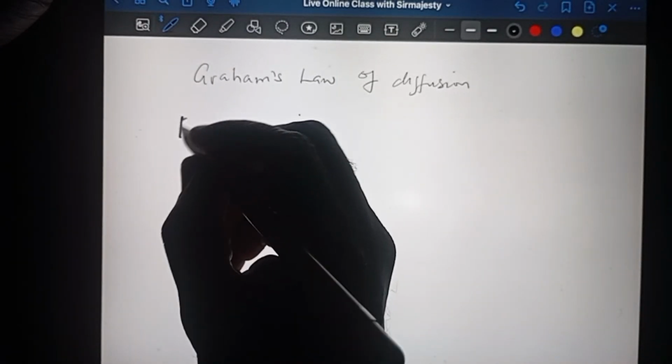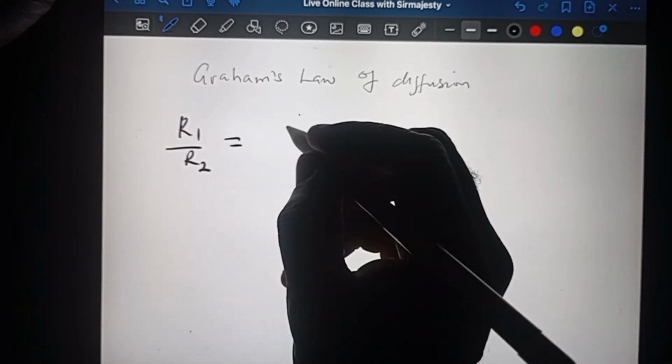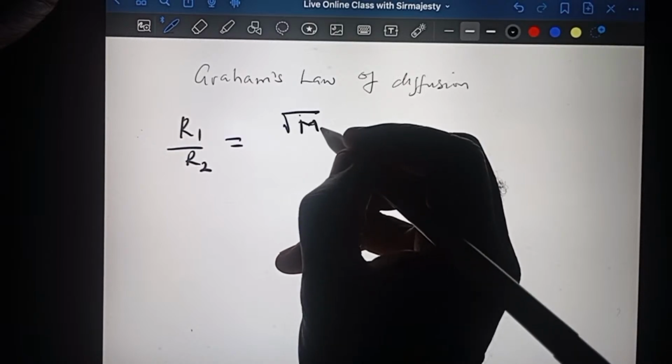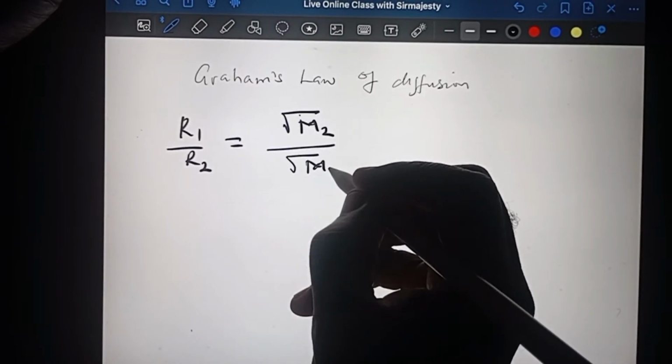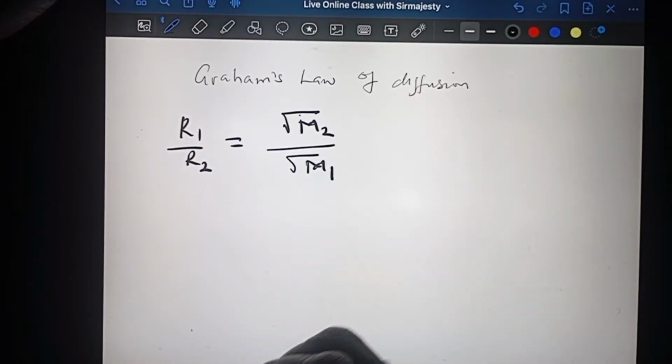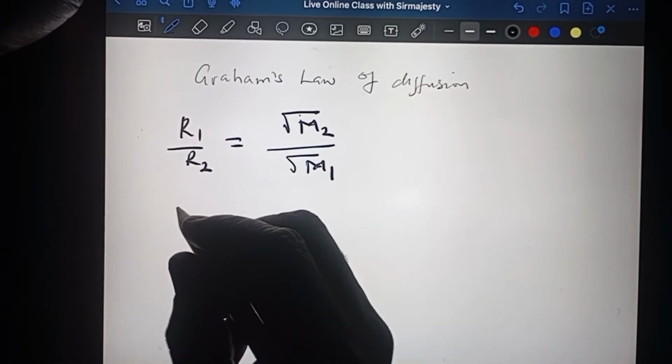This law states that R1 over R2 is equal to square root of M2 over square root of M1. To relate it to the question we have, instead of using 1 and 2, let us use A and B.